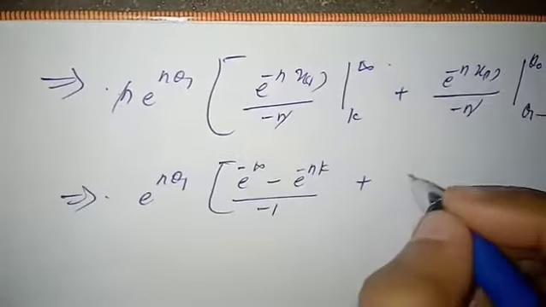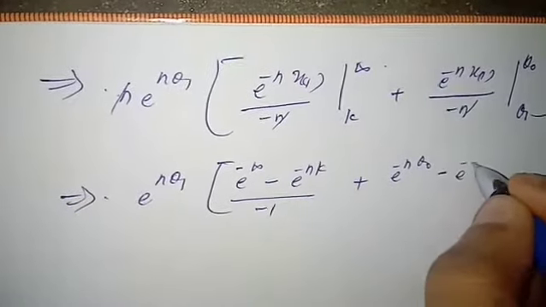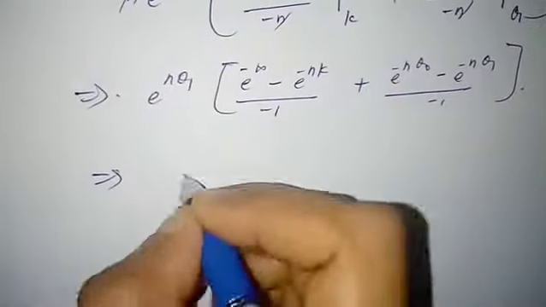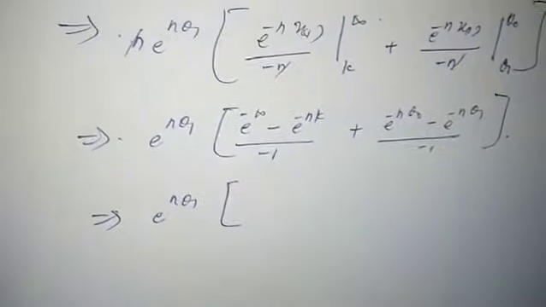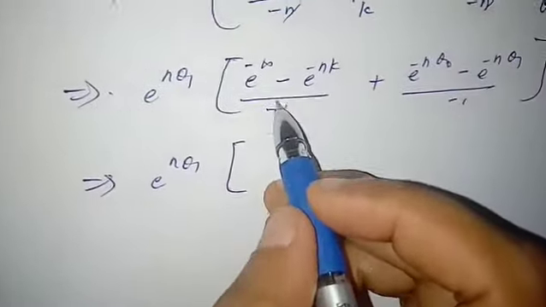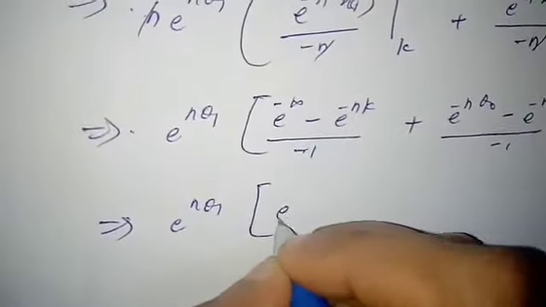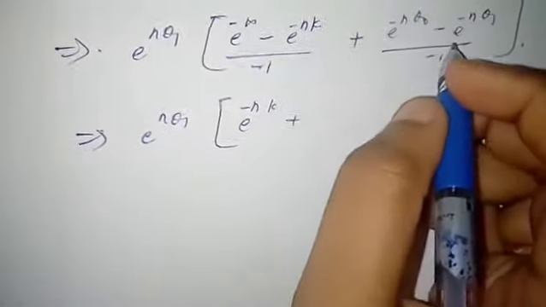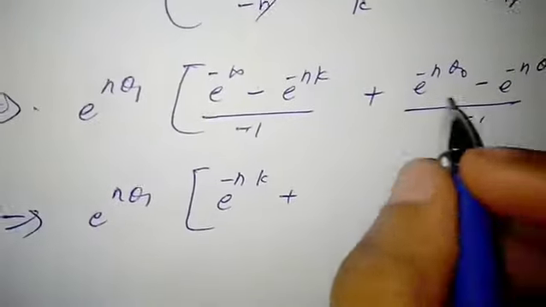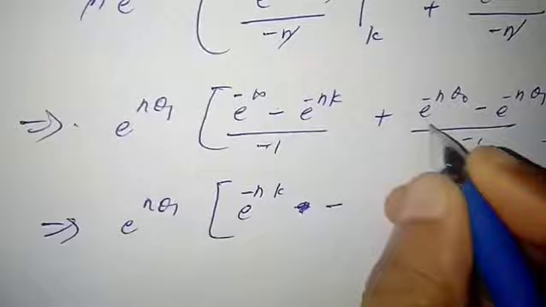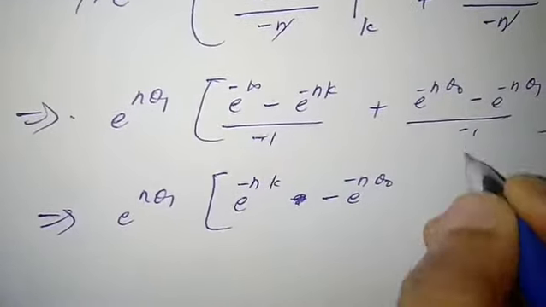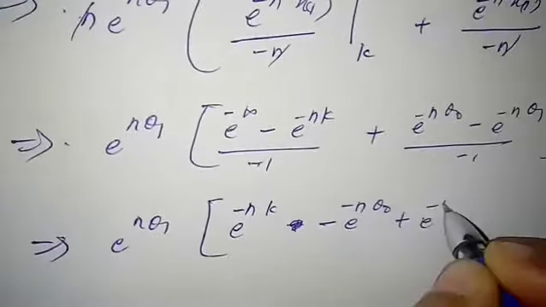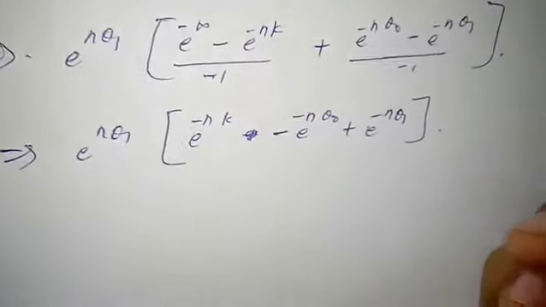Plus here also, e power minus n theta naught minus e power minus n theta 1, divided by minus 1, which implies e power n theta 1, here this term is 0, then this term plus e power minus n k, plus this term becomes minus e power minus n theta naught plus e power minus n theta 1.